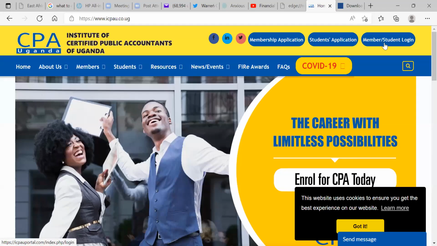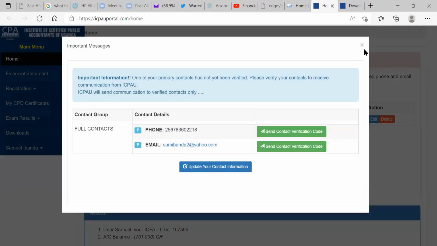Okay. So just a moment. When you go to the CPA website, when you go to home, there is this member student login. So you click on member student login. It brings you to a login page.